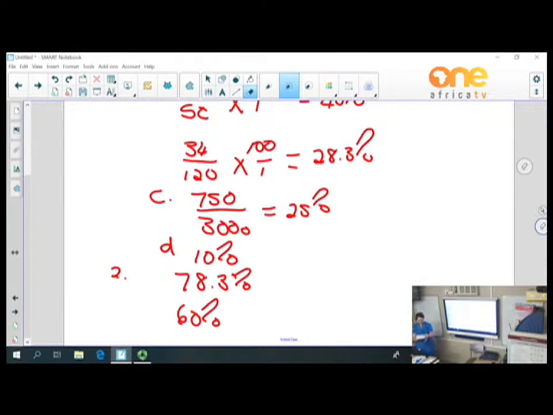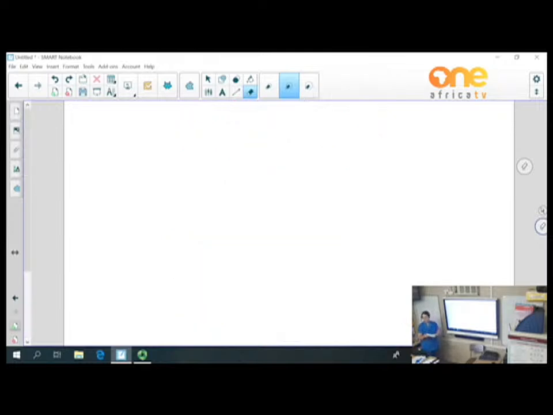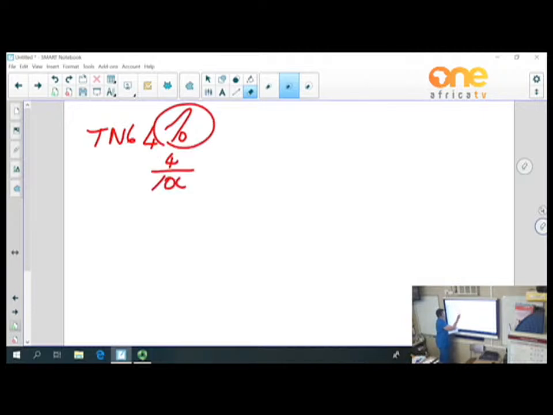The next one is finding a percentage of a quantity. This is now try now 6. And I'm first going to just explain, you are very familiar with this. This is very easy, straightforward. We've been doing this. So number 1, we see now 4%. This is now try now 6, which the moment when I see this sign, it is 4 out of 100 of 50.